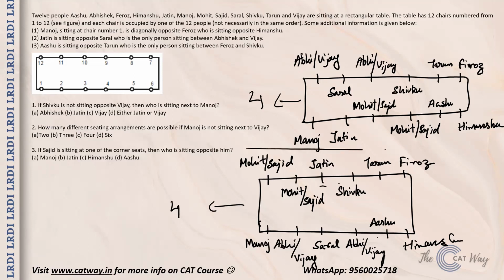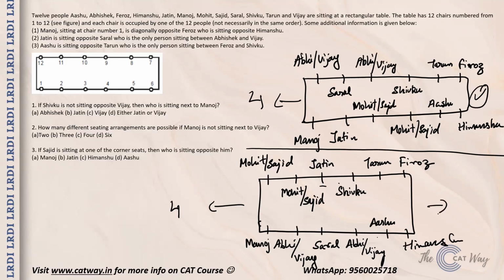Okay, these are the basic structure of our possible set, and then both of them are giving you 4 more possibilities. Now we can move towards the questions because the set is complete. If Shivaku is not sitting opposite Vijay, so either these 4 cases are a possibility, okay.